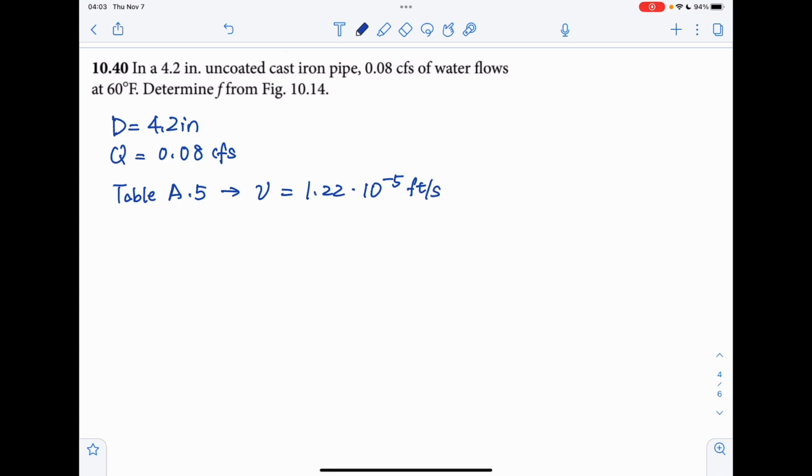And from table 10.4, we can find the Ks value equals 0.01 inch for cast iron. So this is the roughness.